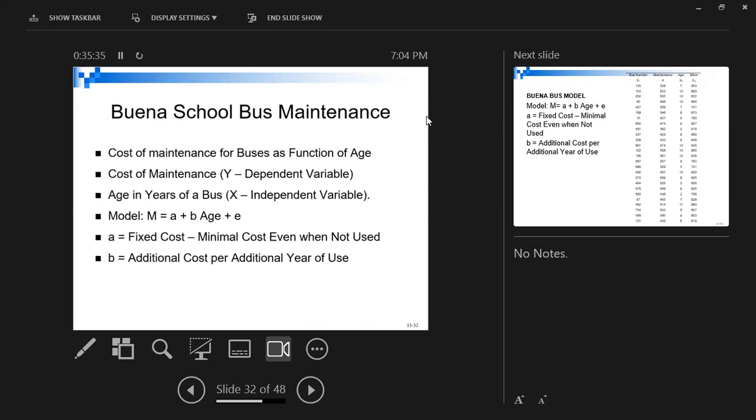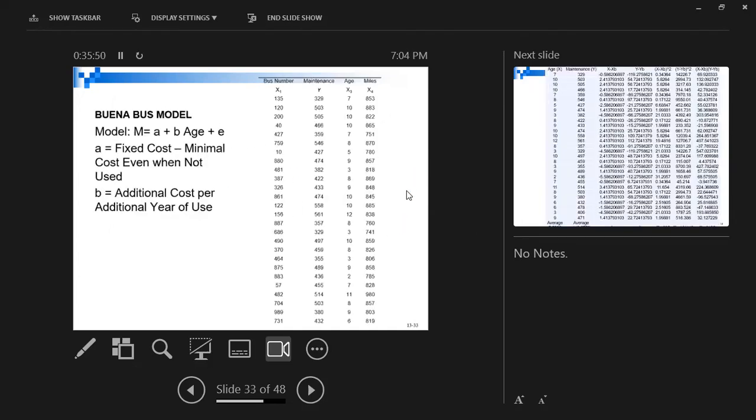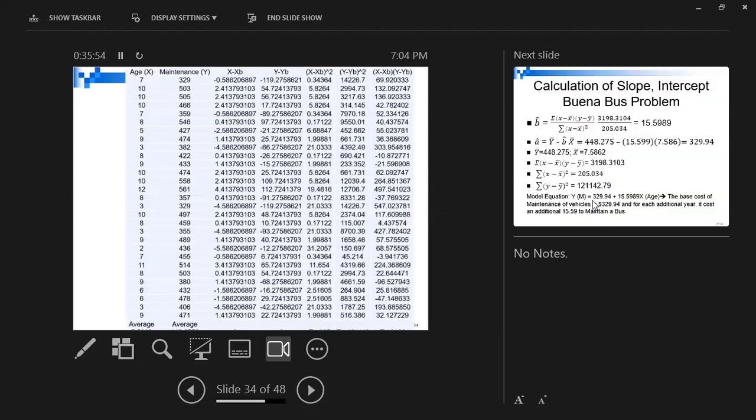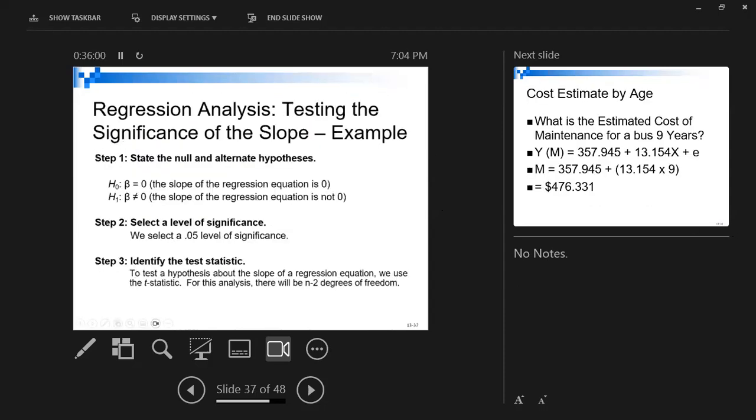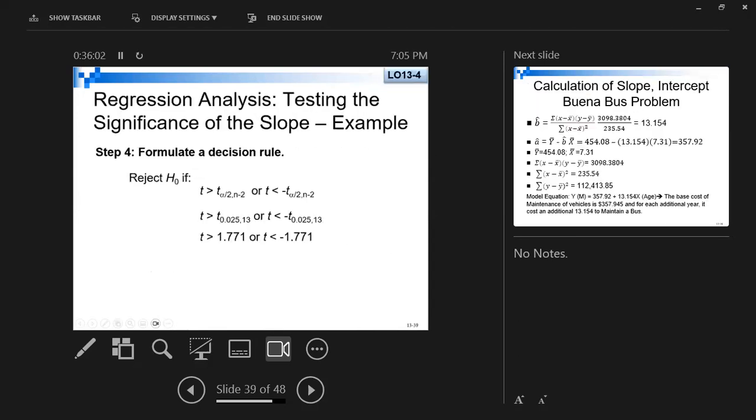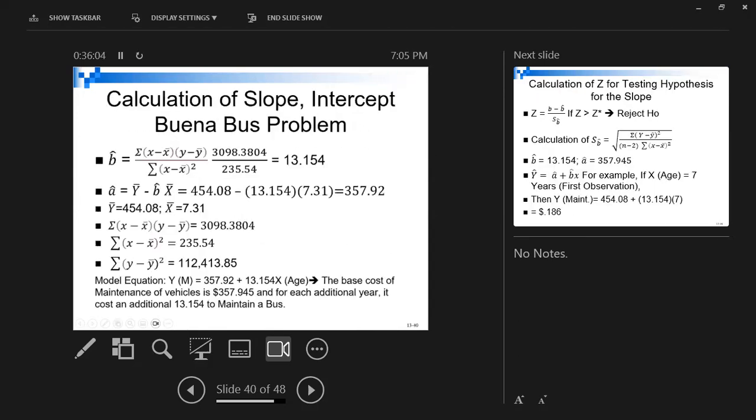That's another example: cost of maintenance is the dependent variable, and age in years of the bus is the independent variable. We have a model for that. That is the data for it. Those are the calculations that we made. And of course, we went through a test of hypothesis.